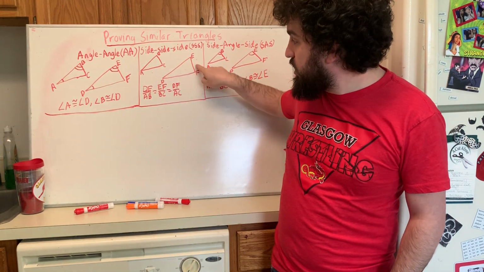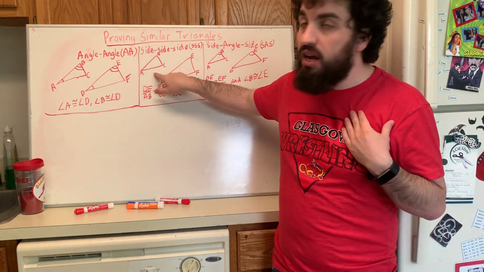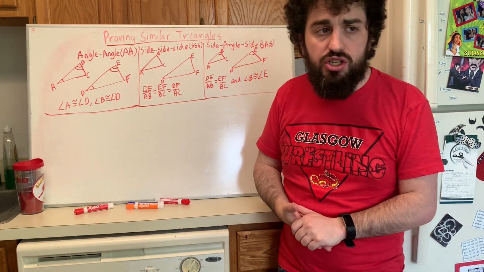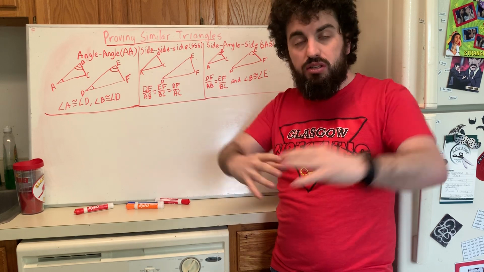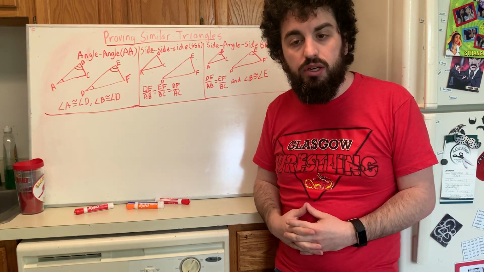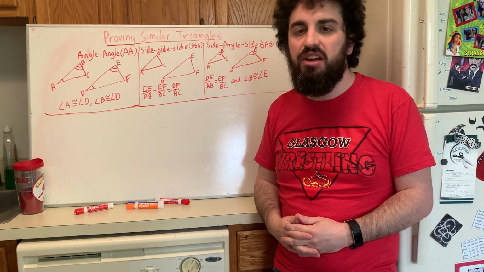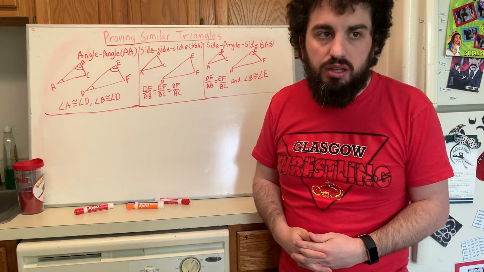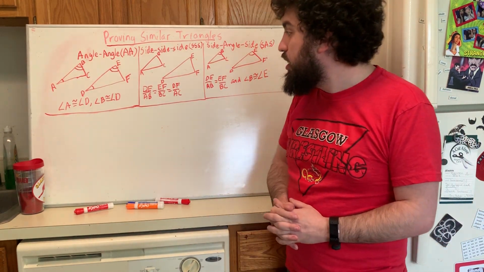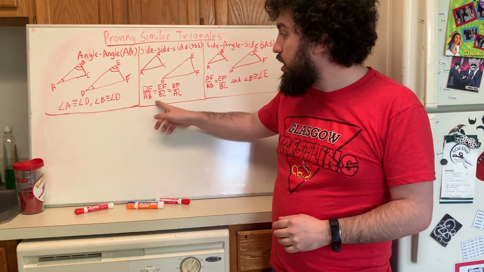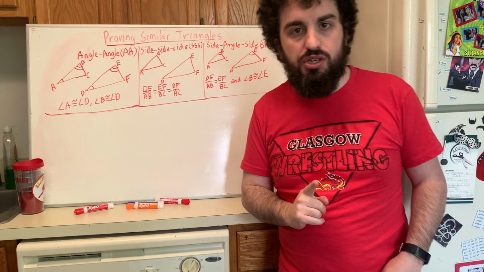Then if I go BC and EF, I should see a ratio of 5 there. If I go DF and AC, I should again see a ratio of 5. So if they all have the same ratio, that means it's scaled up appropriately. Then we would say it has side similarity. That is a little different than side congruence, which we'll get into later. But we can say they are similar if all sides hold the same ratio.